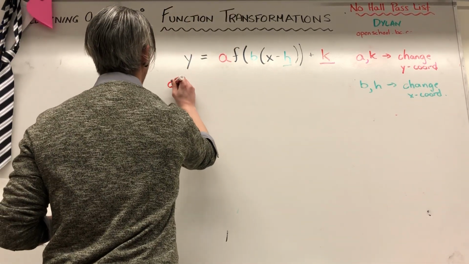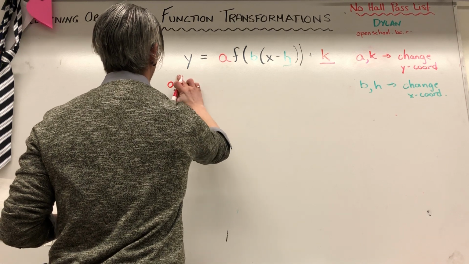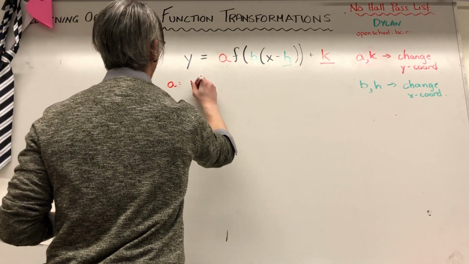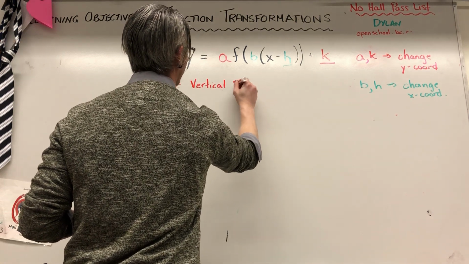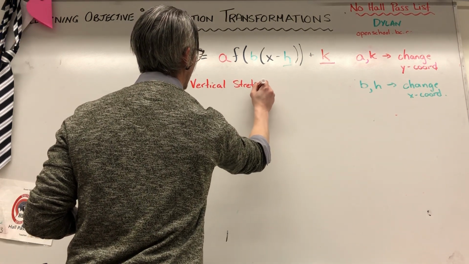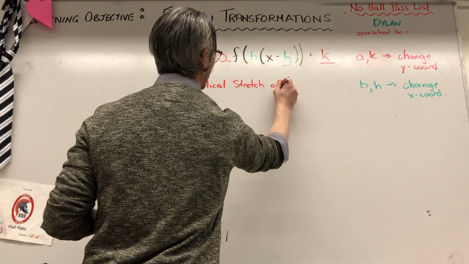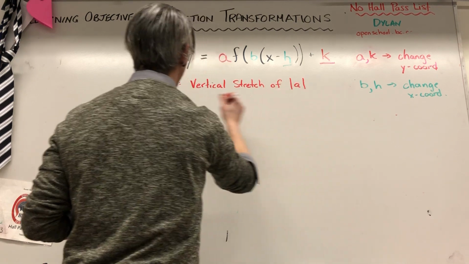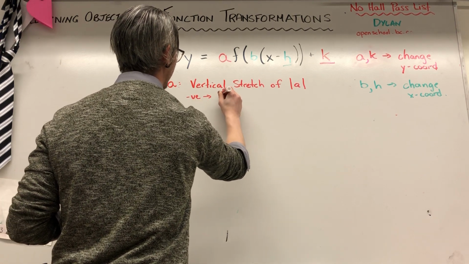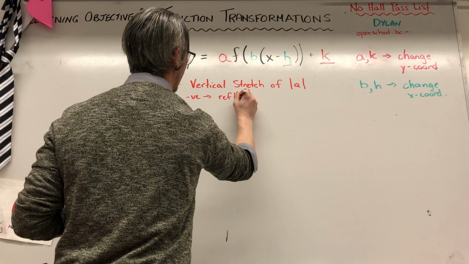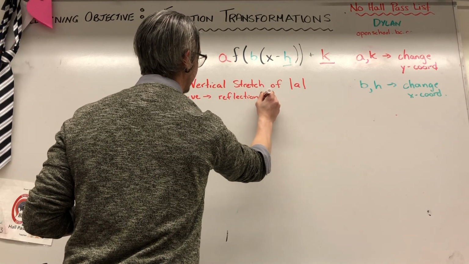So we know that A is our vertical stretch, and it's by a factor of the absolute value of A. When A is negative, we have a reflection in the x-axis.